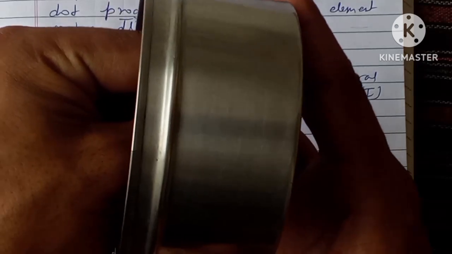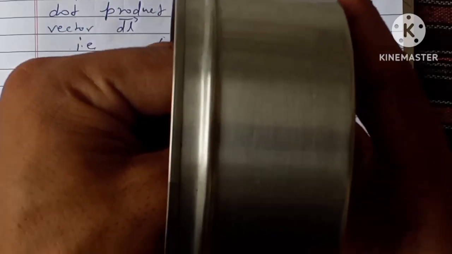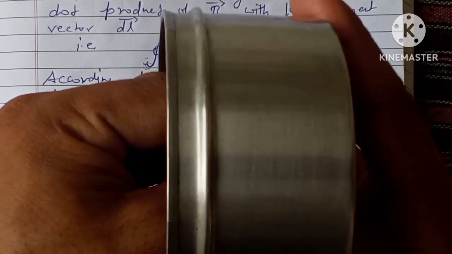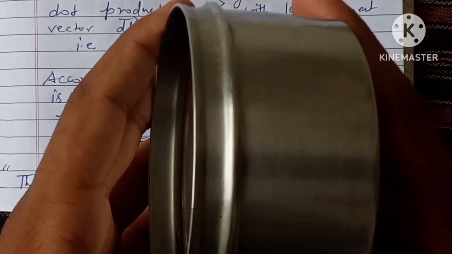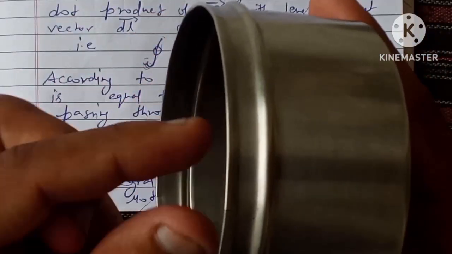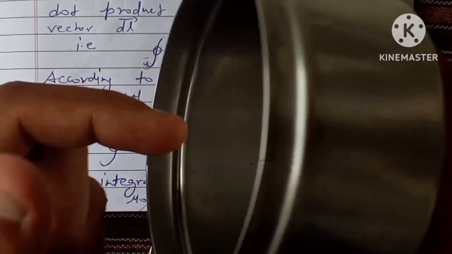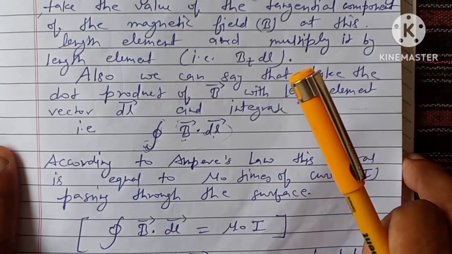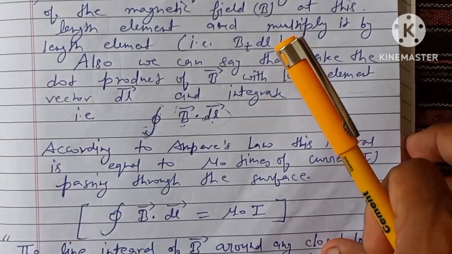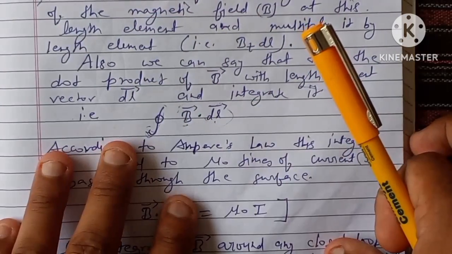Very important point. Again, what does Ampere's law say? Take a length vector at the boundary of the open surface, and let B vector be the resultant magnetic field due to all currents, either they are passing through the loop, through the open surface, or not, that doesn't matter.